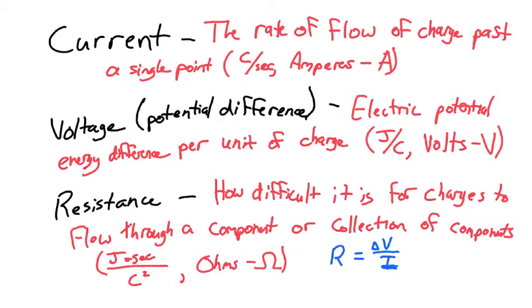Now the resistance is exactly what it sounds like. For all the components in our circuit, how much resistance do we have to the flow of these charges? If we go back to our water analogy, we might think about this as narrowing or widening the river path here. So if we have a narrow river, we can't get as much water going through that.